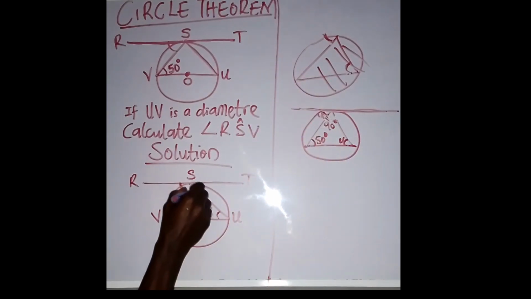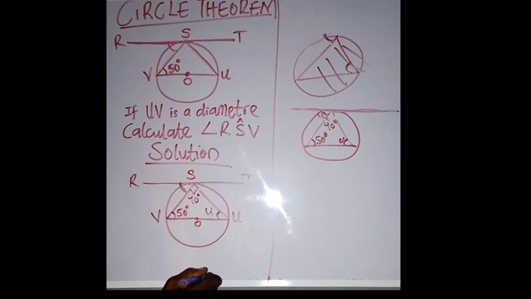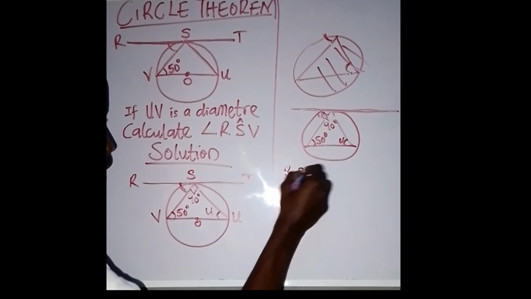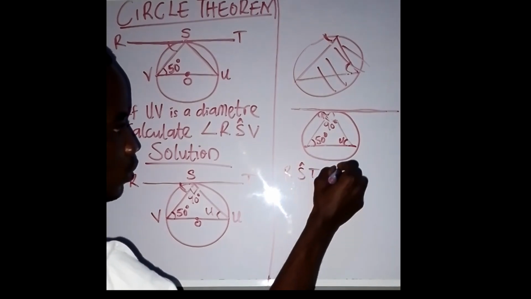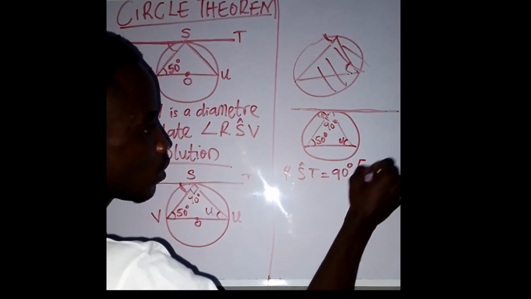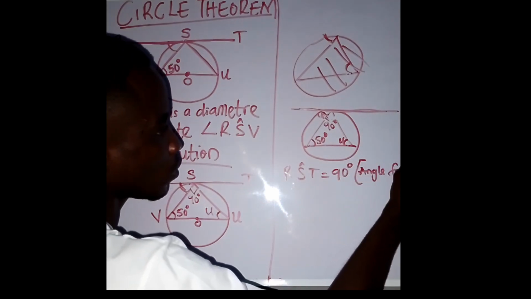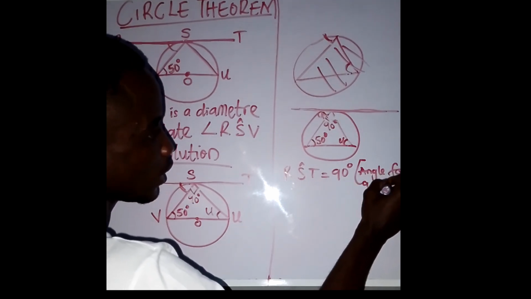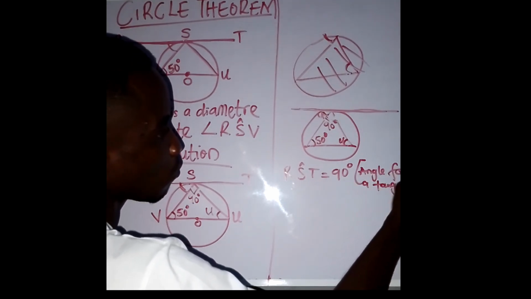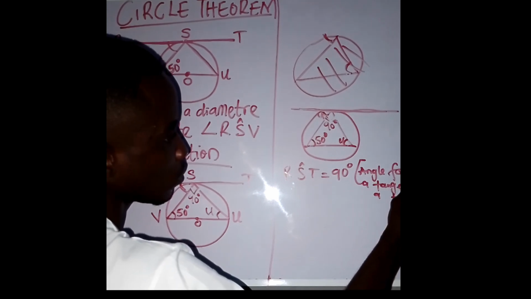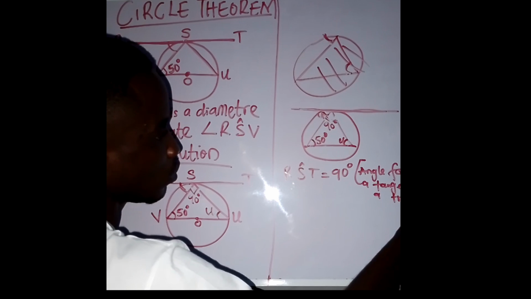So I'm able to get this part as my 90 degrees. That means I can decide to say RST is equal to 90 degrees. What's my reason? Angle formed in a tangent of a triangle in a circle.